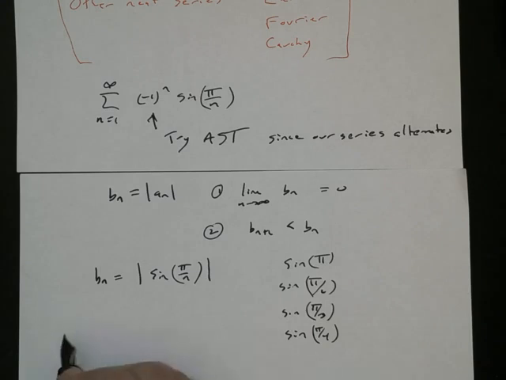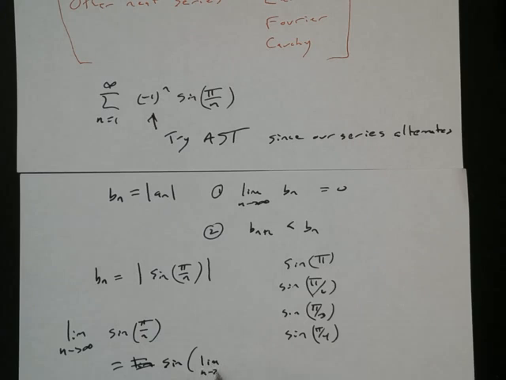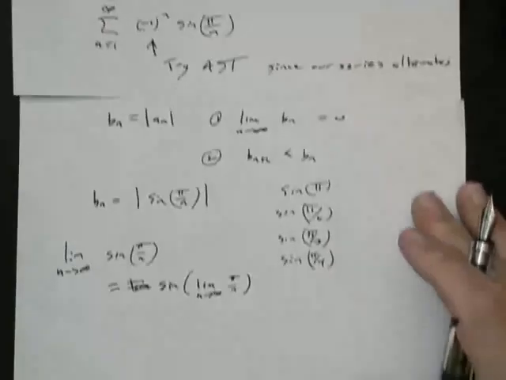Let me look at the limit. The limit, as n goes to infinity, of sine of pi over n, even without the absolute value, is the sine of the limit as n goes to infinity of pi over n. Why?